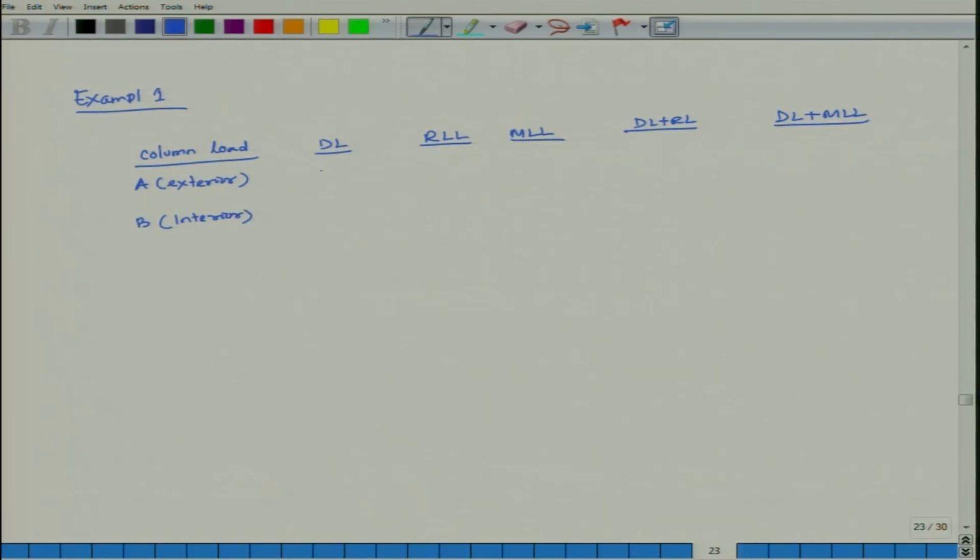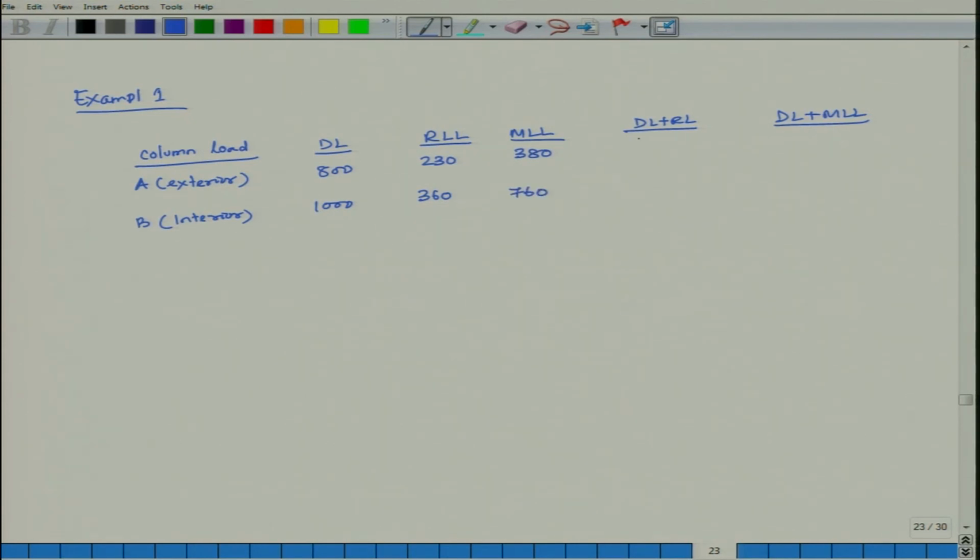Dead load is 800 and 1000, all in kilonewtons. Reduced live load is 230 and 360 kilonewton, maximum live load is 380 and 760 kilonewton.